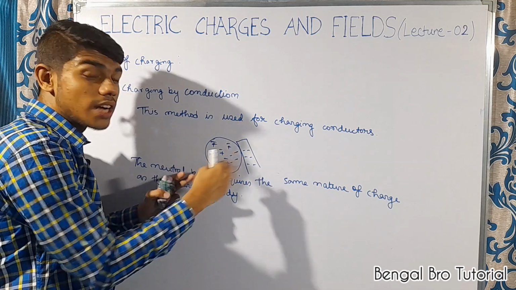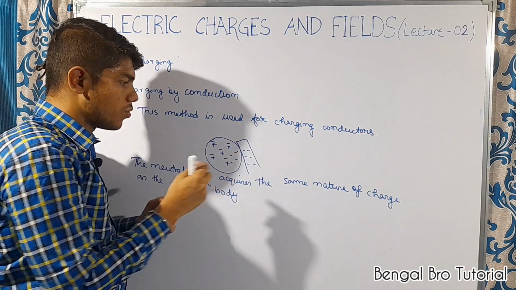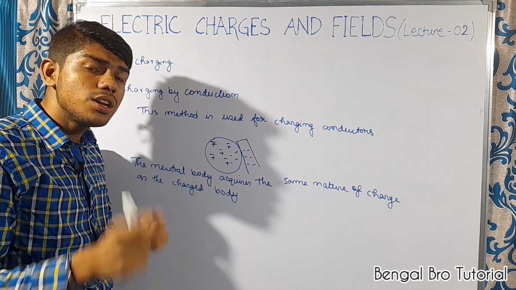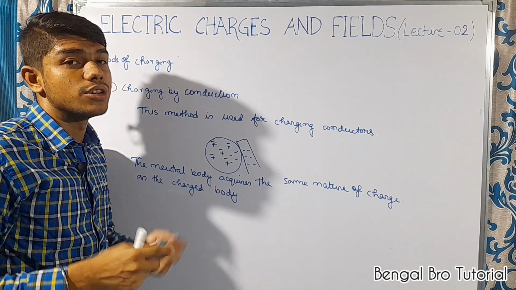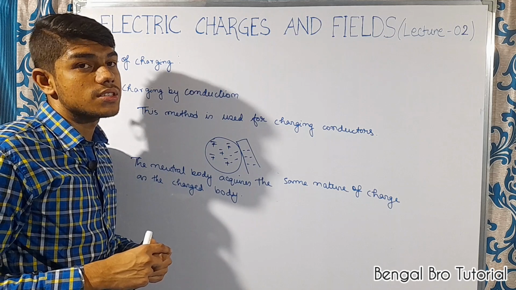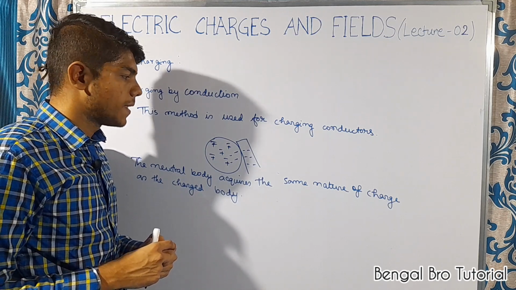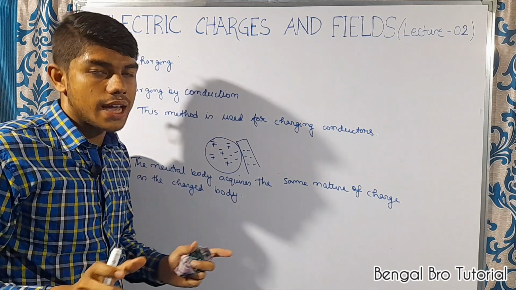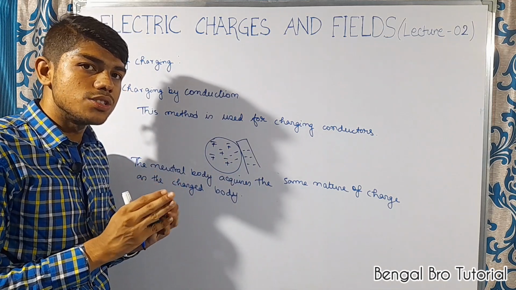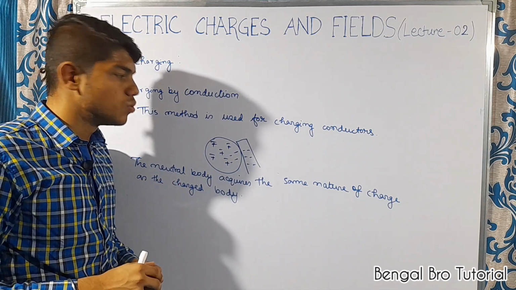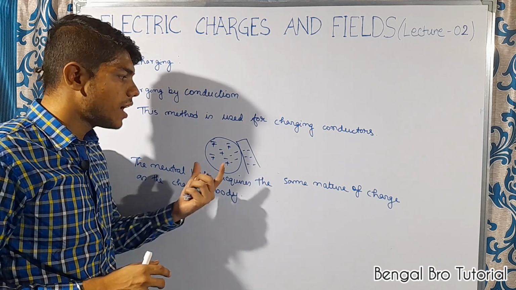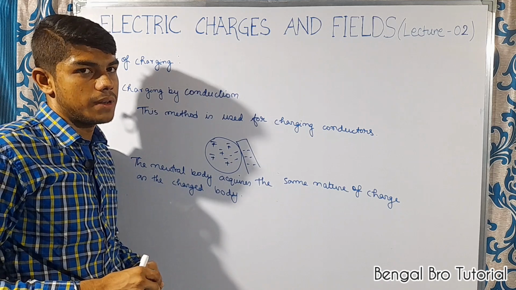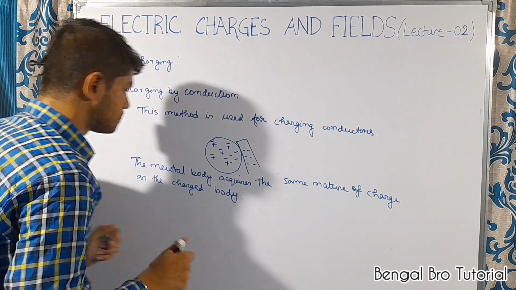The charge distribution will be such that the two bodies may have the same magnitude of charge or different magnitude of charge depending on the size of the two bodies. If both the bodies have the same size, then charges will be distributed equally in the two bodies. But if they have different sizes, then an unequal distribution of charge will take place. Did you get it?